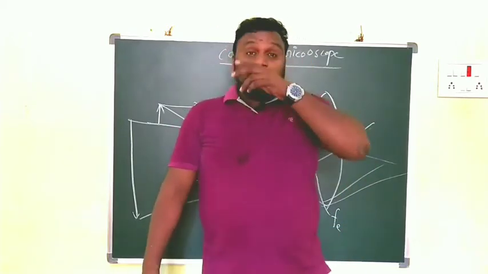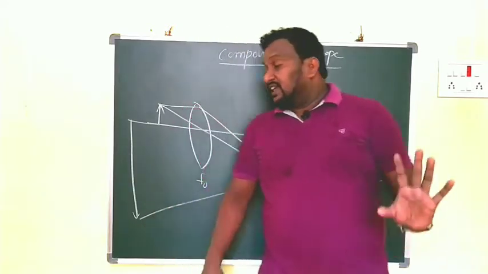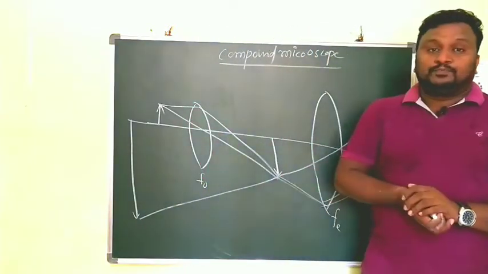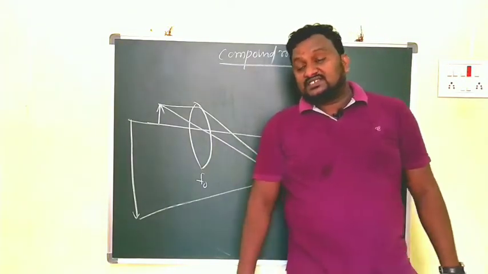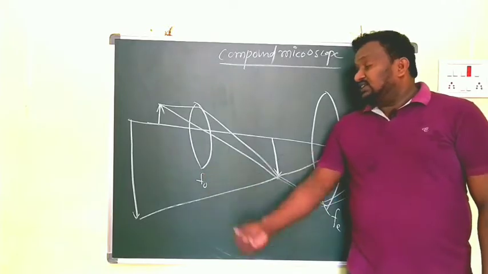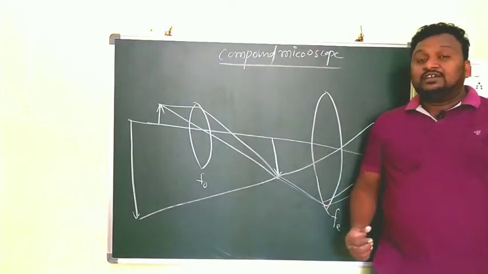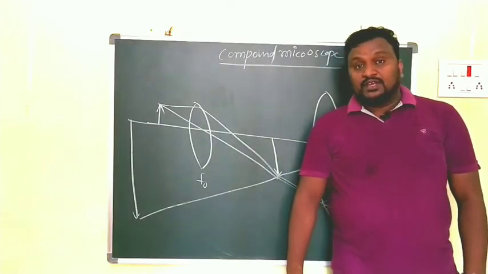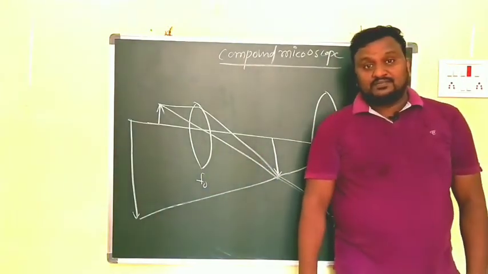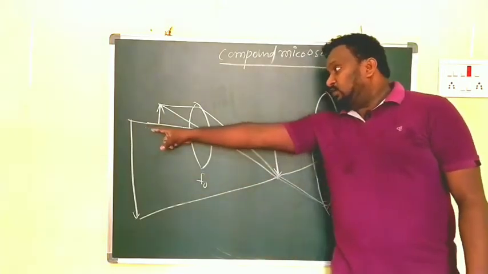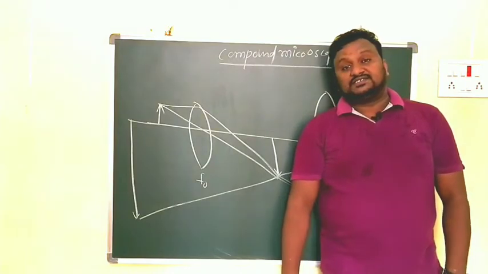And now the minimum arrangement of the compound microscope should be like this. In this diagram you find two lenses. One has a smaller focal length and the other has a larger focal length, and they are separated by some distance, and they have one common axis.